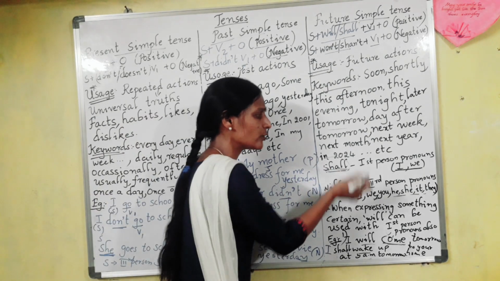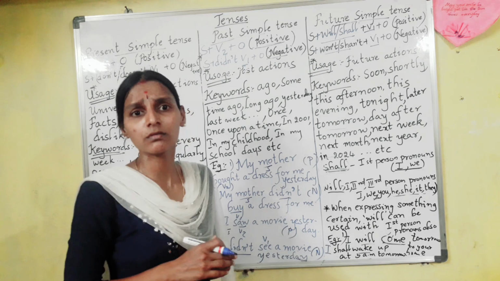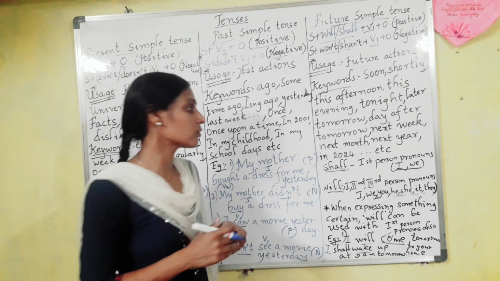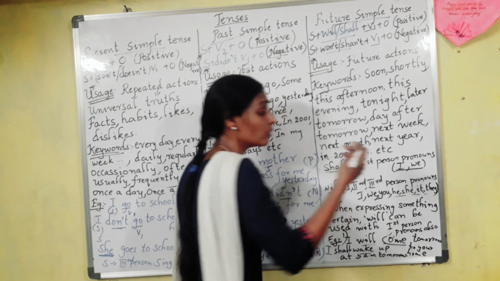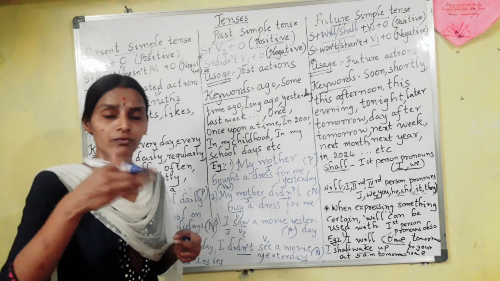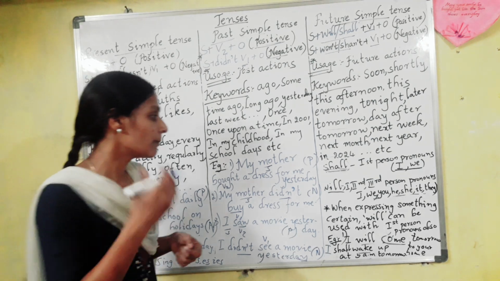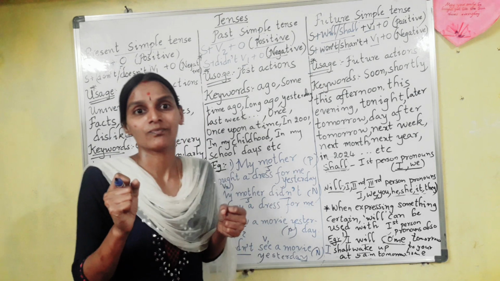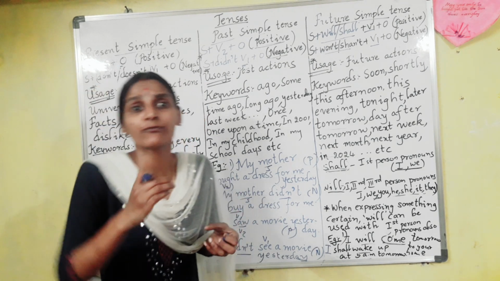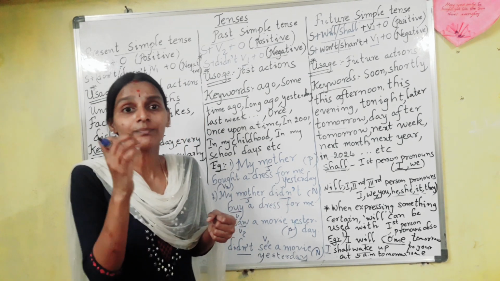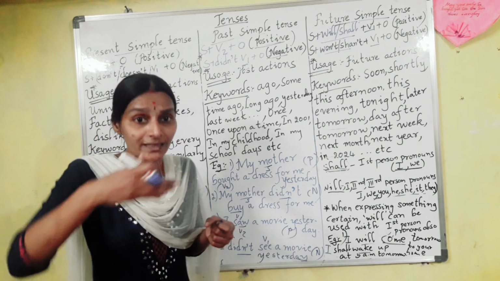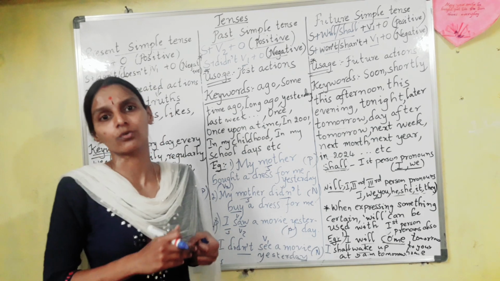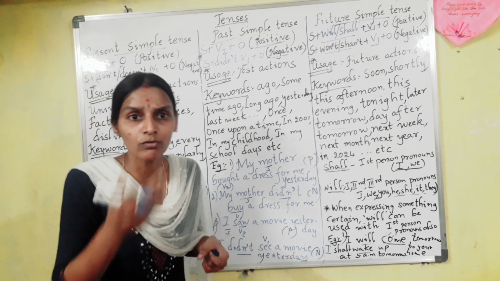But should we not use shall for the remaining pronouns? We can use shall for the remaining pronouns also: you, he, she, it, they. But in which cases? If we are expressing something certain is going to happen in the future, shall can be used for the remaining pronouns also.